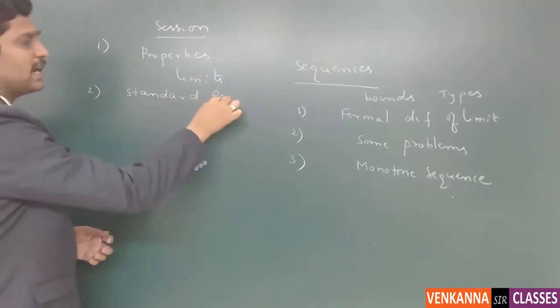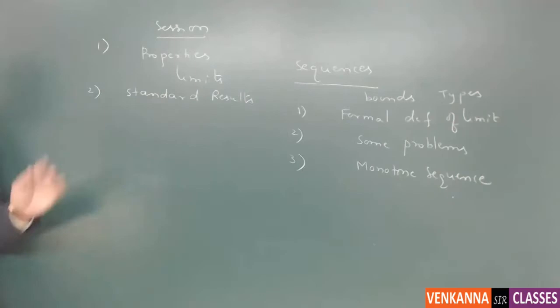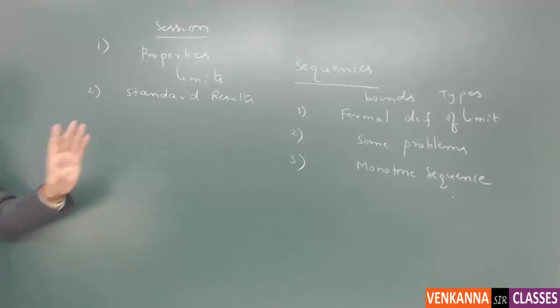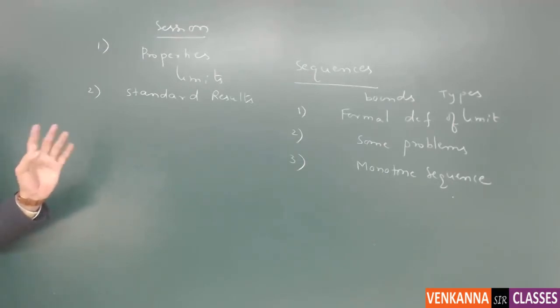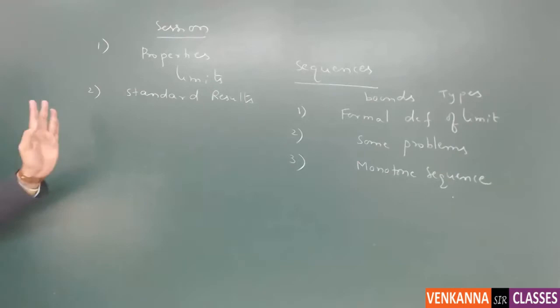Here standard results are nothing but the theorems. Those proofs are not required. Generally proofs will not be given to you, only problems will be given to you. Discussing proofs is a totally different issue. It takes a lot of time. You can check previous year questions that there is no proof given at all.